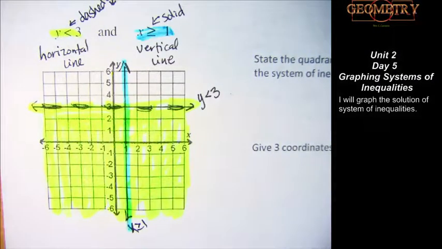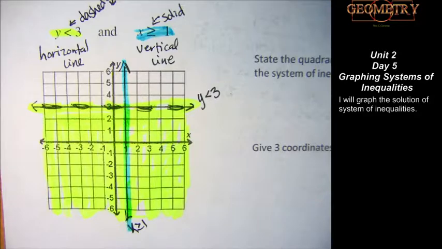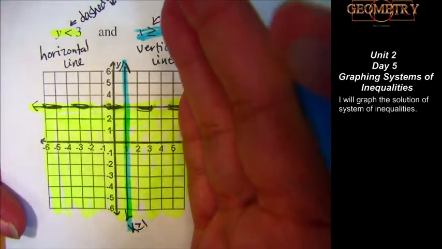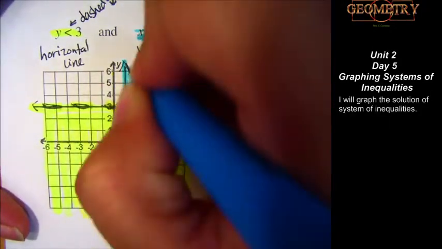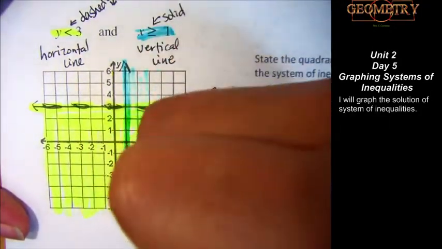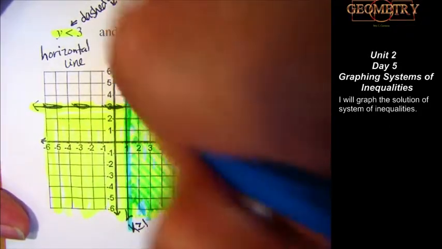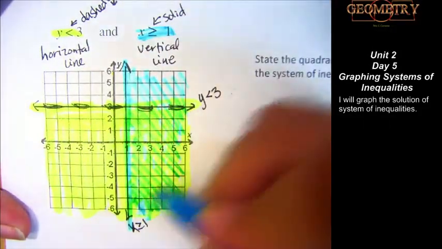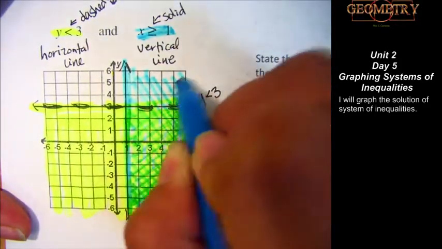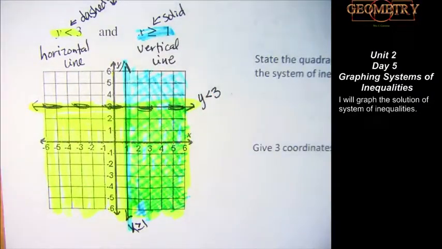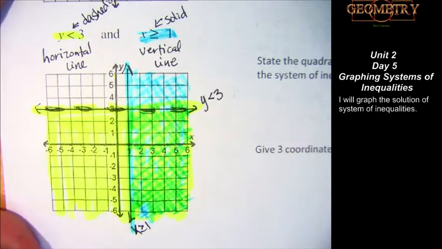And I want all the x's that are bigger than 1. It's easy to see that over here on the right hand side is where the x values are bigger than 1. So I'm going to color on this side. And once again, my solution set lives wherever the 2 colors interact. So my solutions are here.